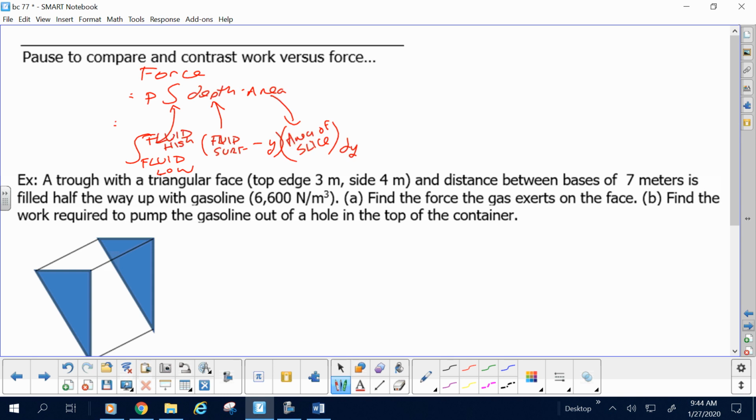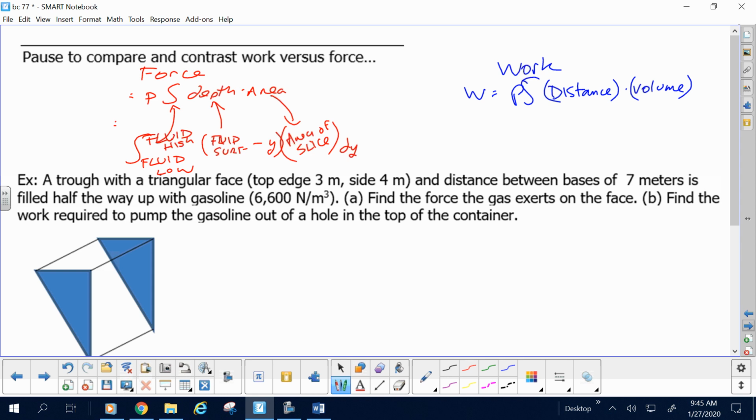Now if you compare that to work, work is rho times distance times volume, not area. How wide a container is, I don't care how far a container goes back for a force, because the force is going to be the same on the face.